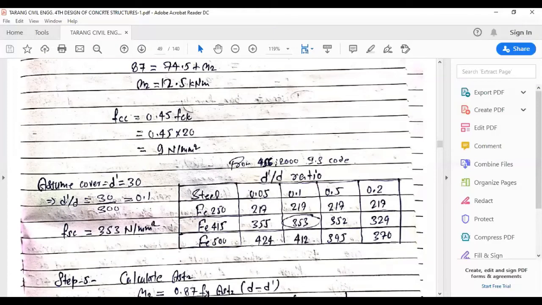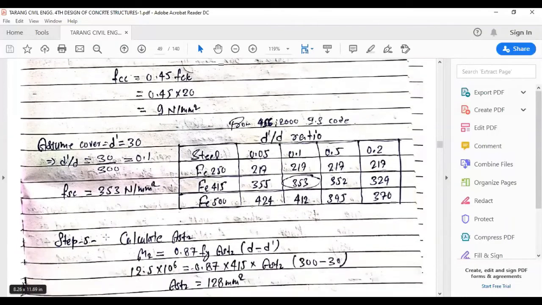The steel is Fe415 grade and the D dash by D value came out to be 0.1. So we select 353, which gives the stress in steel under compression as 353 Newton per mm square. Mind it, this table is given in IS 456.